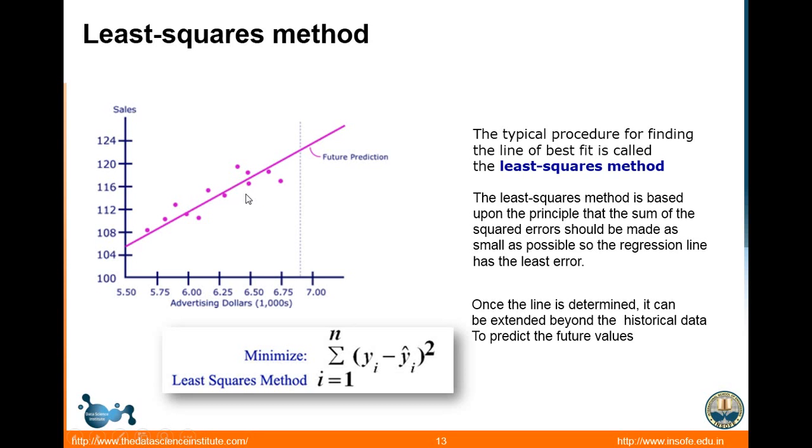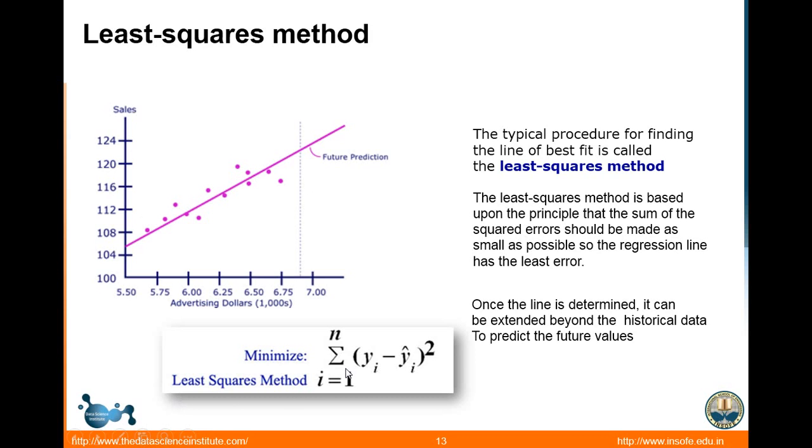This concept is called the least squares method, and this particular method is used to find the best fit. The least squares method is based upon the principle that the sum of the squared errors should be made as small as possible, so the regression line has the least error.